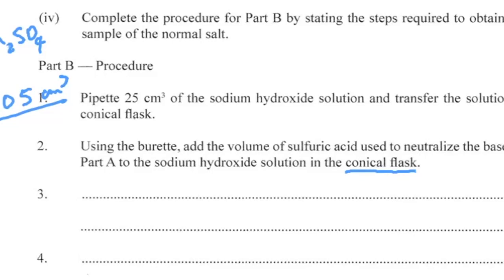And furthermore, if we were to add an indicator, then we would not have a pure sample of our salt. The indicator would be acting as a contaminant. So I think the question will more than likely ask us about that a little later on. So that's why we don't really use the indicator this time around.